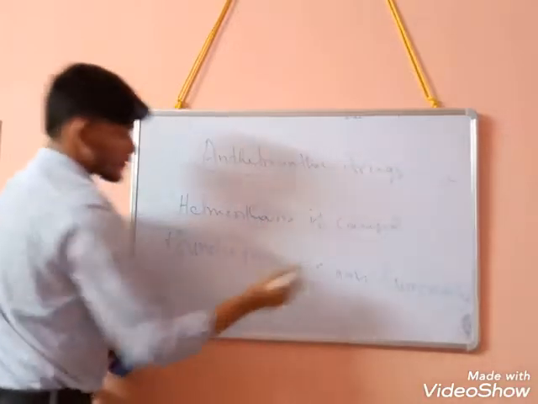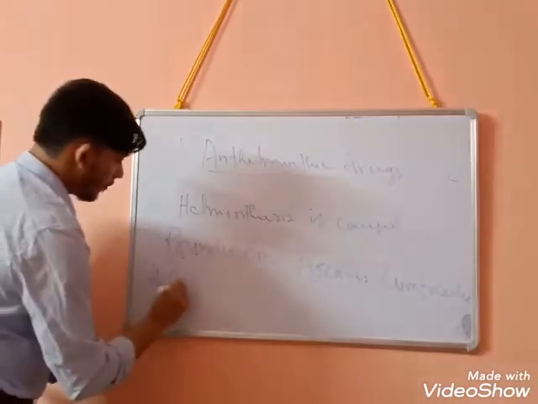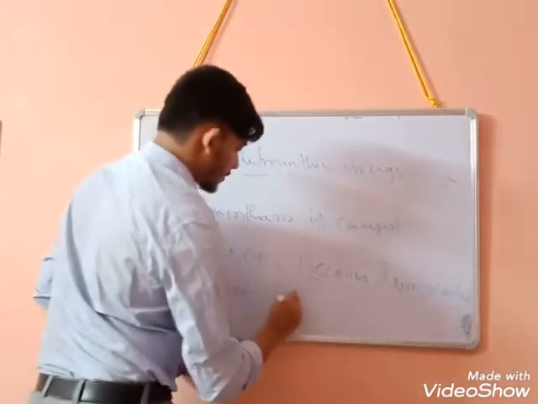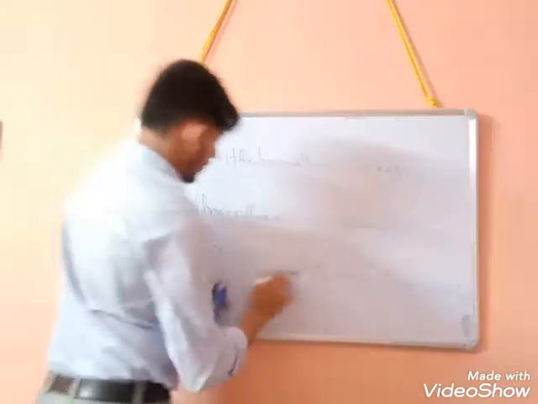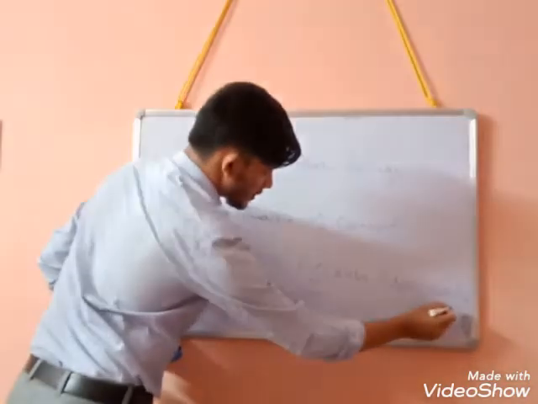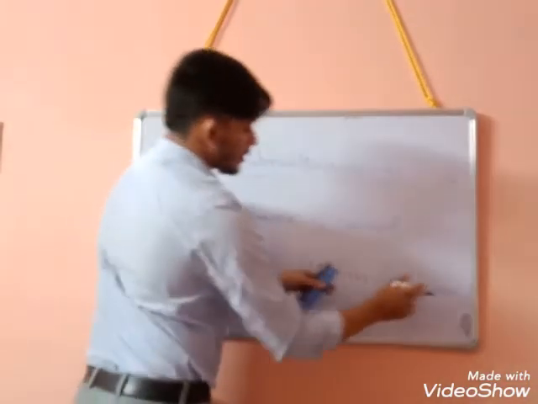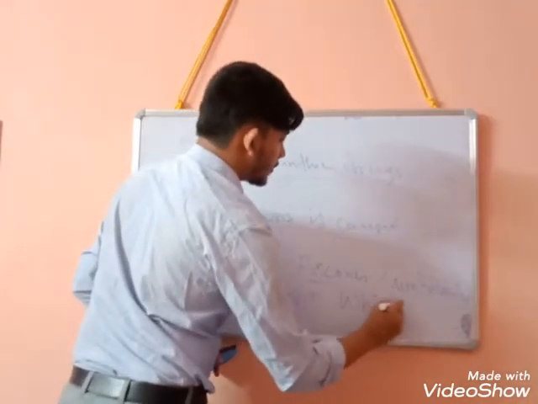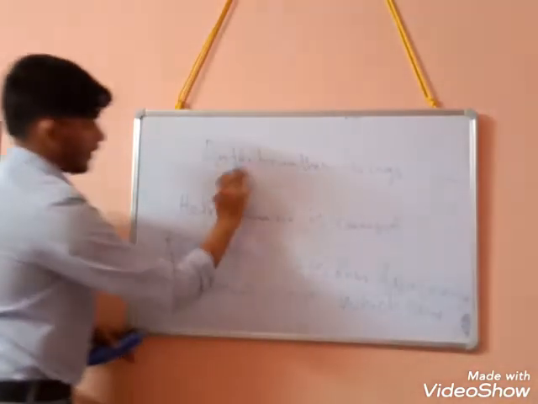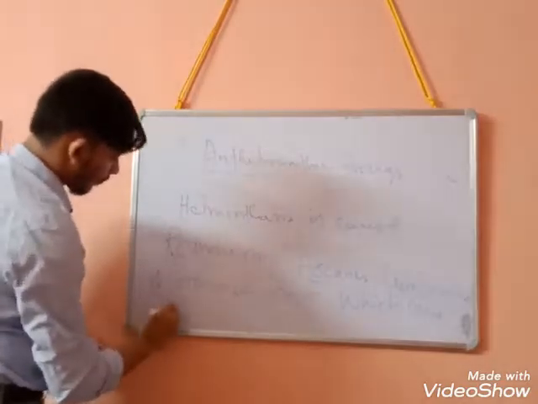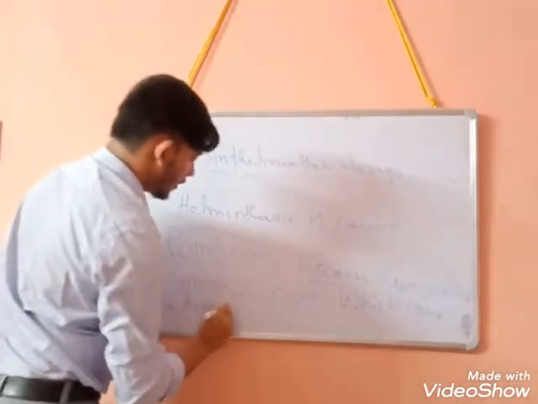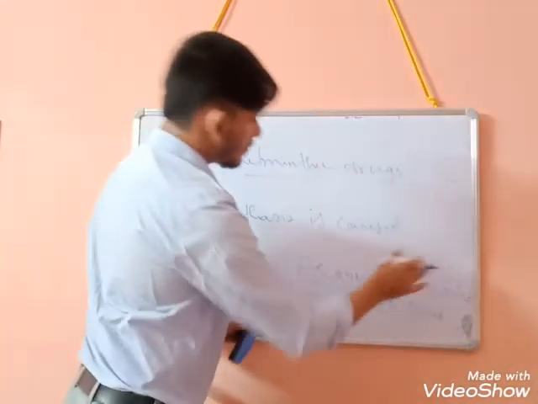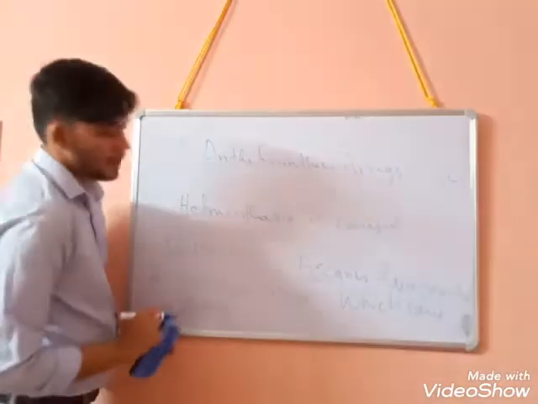You can see Ascaris lumbricoides is the commonest worm which causes helminthiasis in human. So in human mainly roundworm, the name of the roundworm is Ascaris lumbricoides, causes helminthiasis.